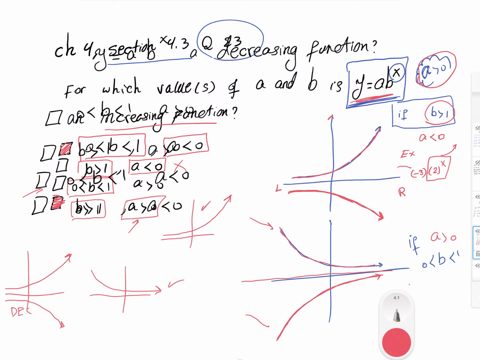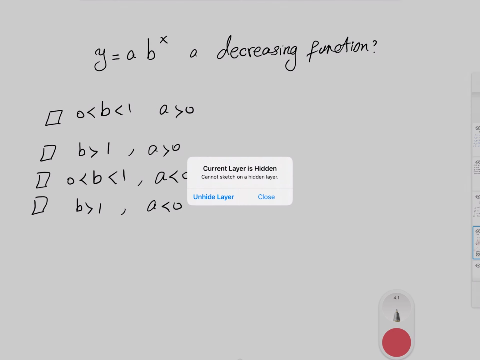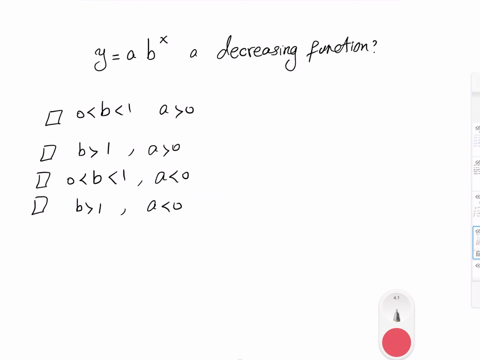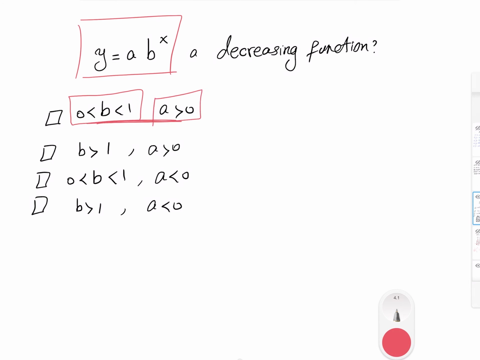We have another question, but now they're asking us for decreasing. We have no problem, we know this function. b is between 0 and 1 and a is positive. So that means this is exactly what we started with. When a is positive and b is between 0 and 1, it is decaying like that.